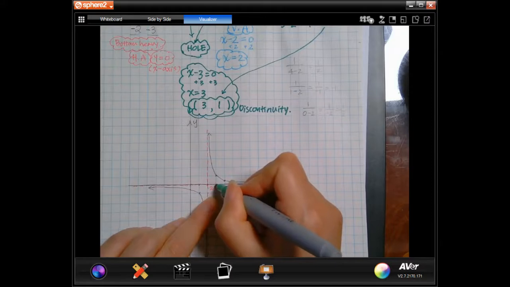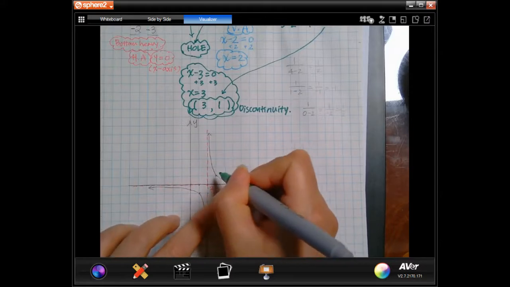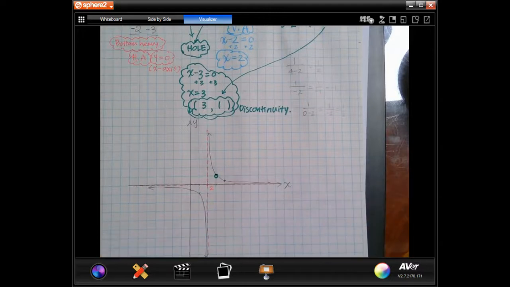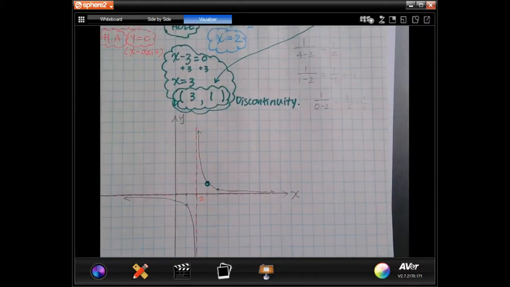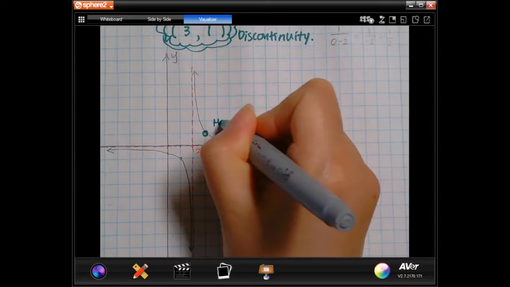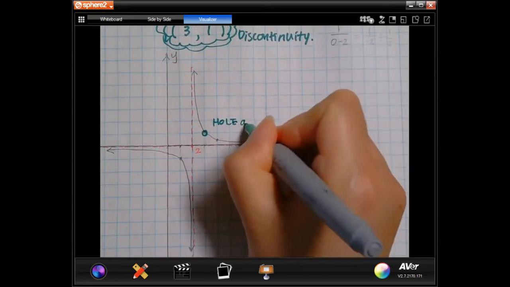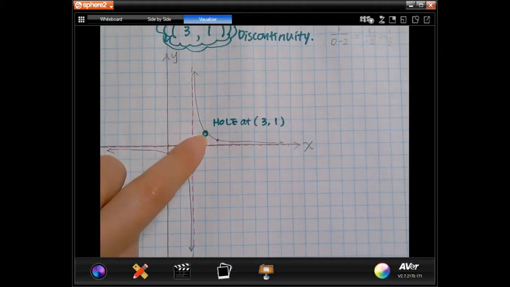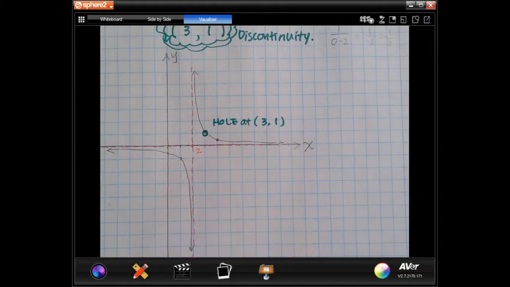Then this is 3 and this is 1. Then I need to physically have the open circle on the position up there. So this is all at 3 comma 1. And then this shows the discontinuity at this part.